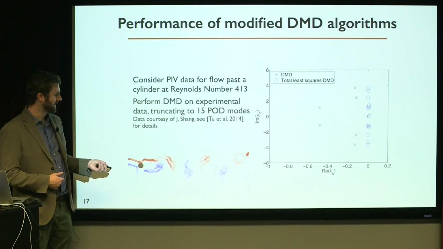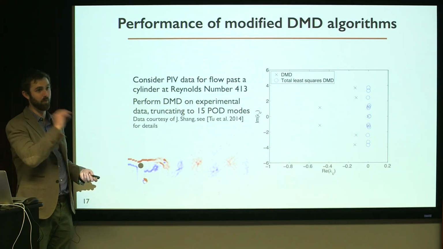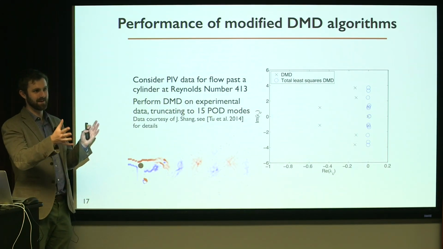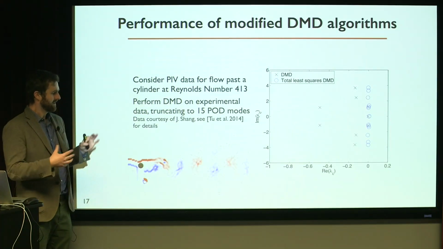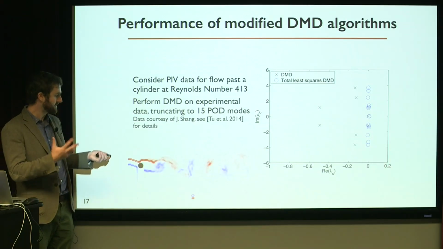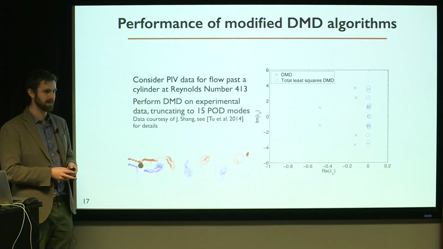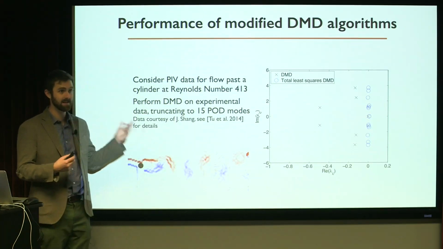So every snapshot in this video actually comes from two raw photos that you look at the difference of to determine the velocity field. That's a fairly standard technique in experimental fluids to determine velocity and other quantities.